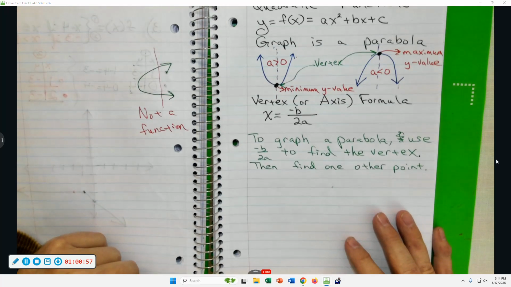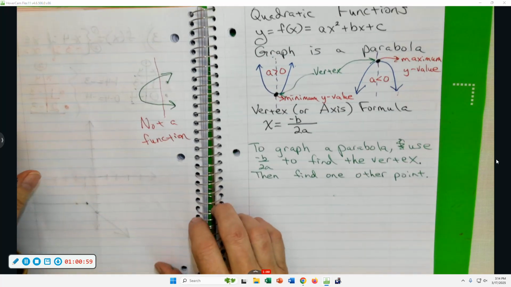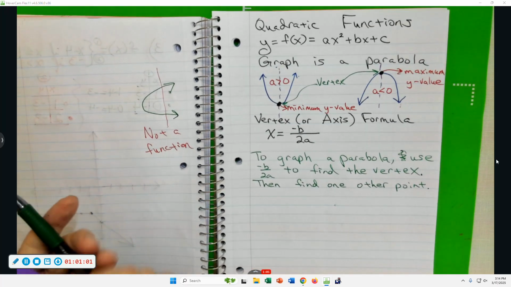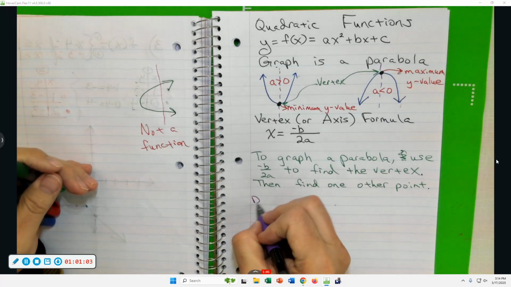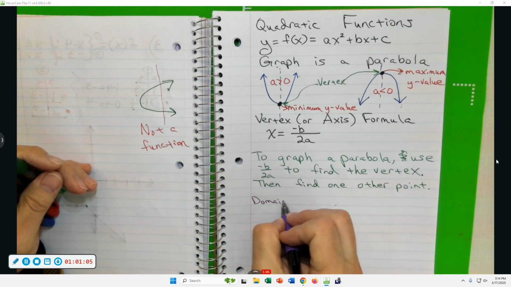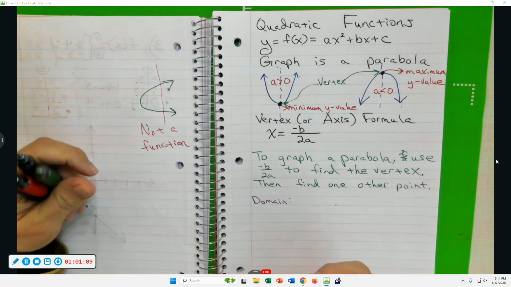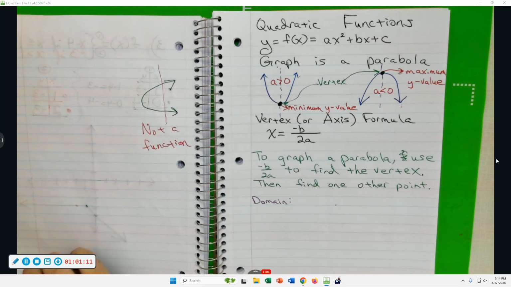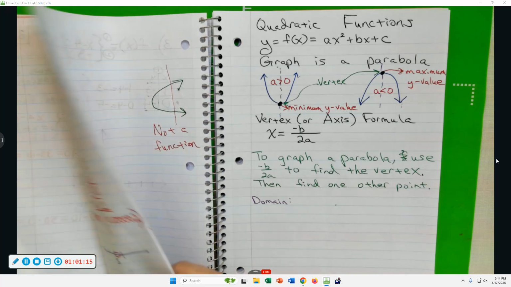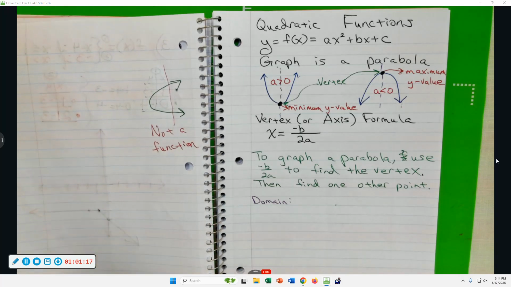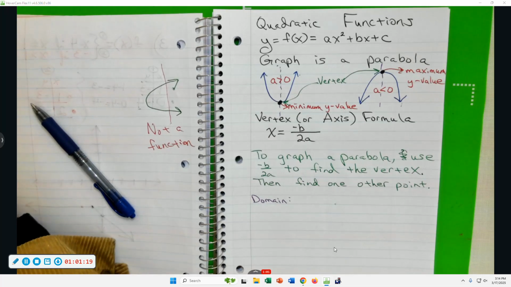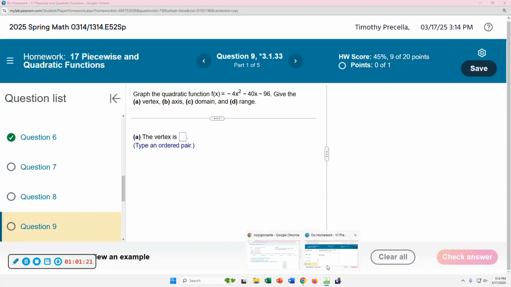They're going to ask you for some other information. They're going to ask you for the domain. All quadratic functions have the same domain. For the domain, let's look back. I seem to recall my brother saying something in the last homework assignment. With the quadratic function, look at number 9, just to see an example.